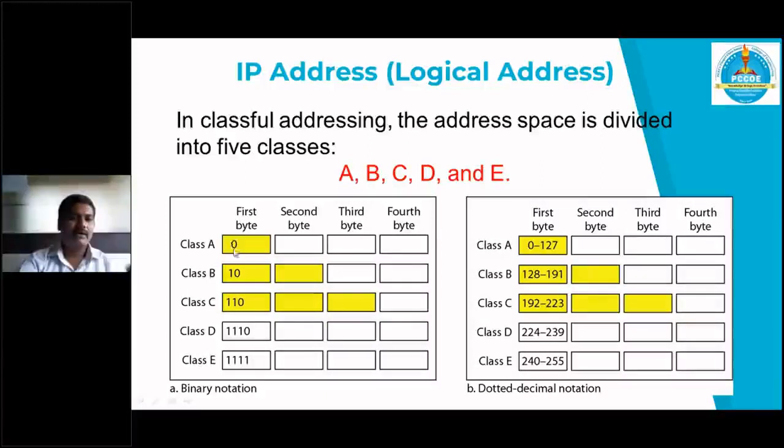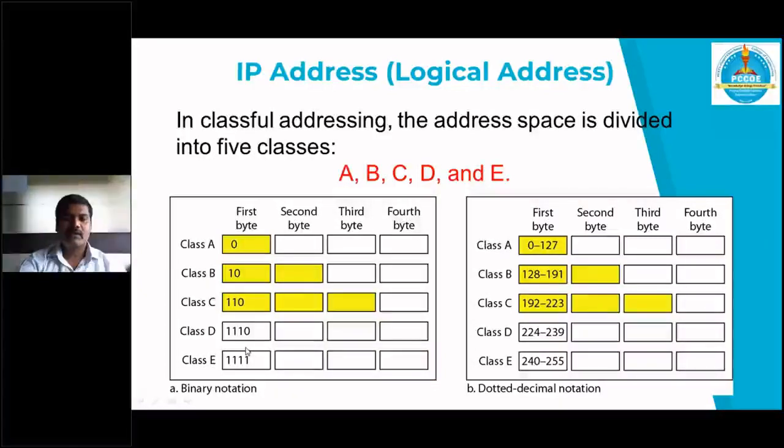In the first byte, if the first bit is represented by 0, it belongs to class A. If it is represented by 10, it is class B. If it is 110, it is class C, and in the same way 1110 for class D and 4 ones for class E. Out of class A, B, C, D, E, we can use only the first 3 classes. The remaining class D is reserved for multicasting and E for R&D purposes.